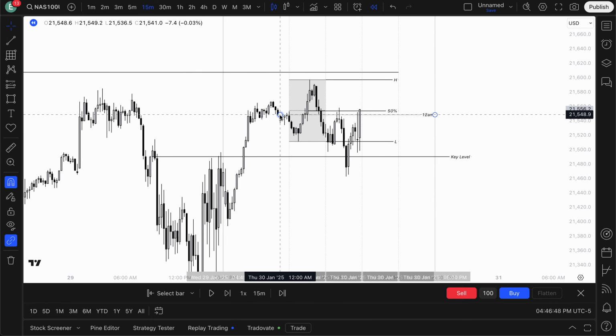So 12 a.m. is here. We want to see a daily open low high close. We have this 1 to 5 range, and then the 5 to 9 range, turtle souped, liquidity pool right here.